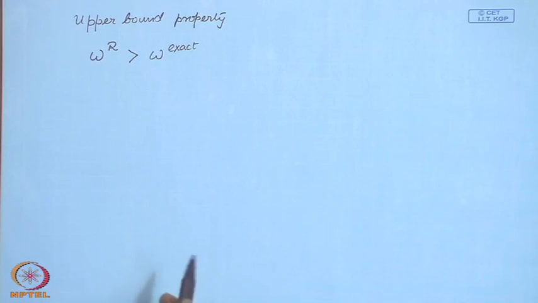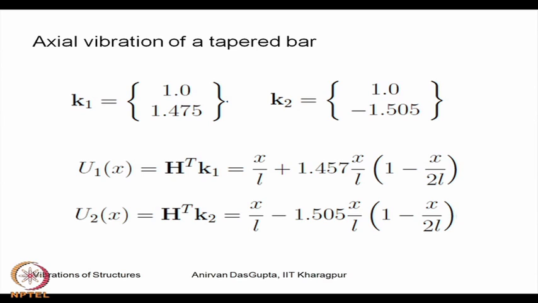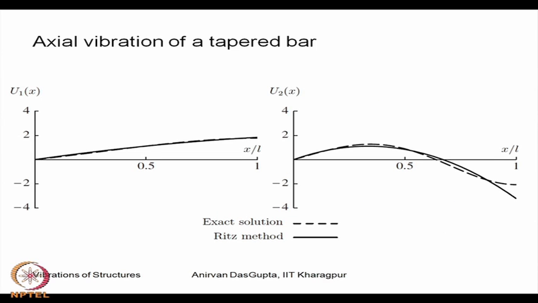Now, here you can see the eigenvectors k1 and k2 and the corresponding eigenfrequencies that have been determined by using the Ritz method. And once you plot these eigenfunctions, this shows the comparison of the eigenfunctions calculated by the Ritz method and those obtained from the exact solution that we had discussed previously.